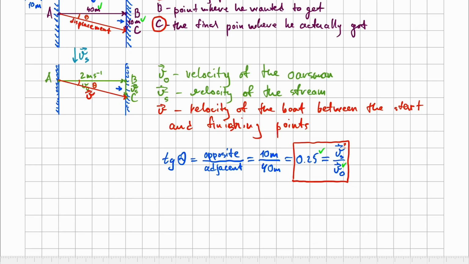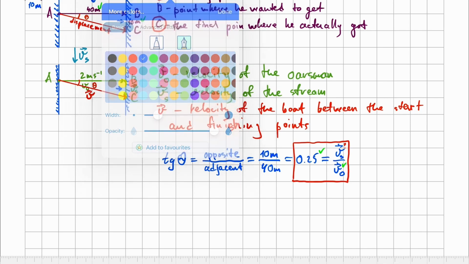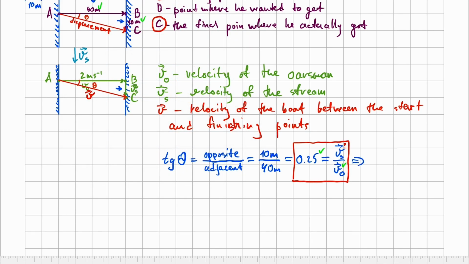Okay, so let's make the velocity of the stream the subject of this formula. Which means that the velocity of the stream will be 0.25 of the velocity of the oarsman. And boom, we are moving forward really fast. Okay, we don't need a ruler anymore.